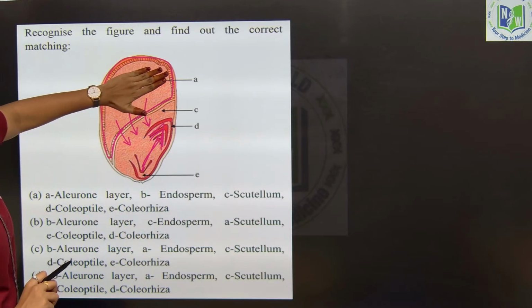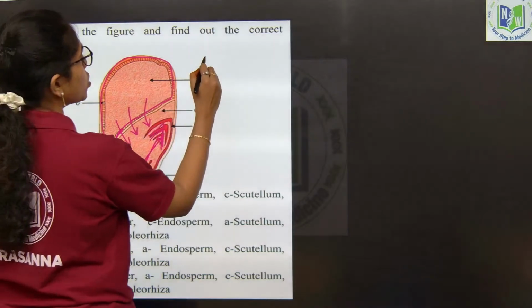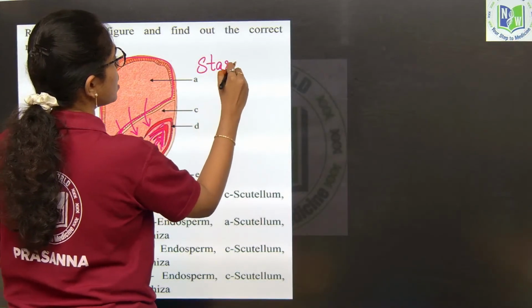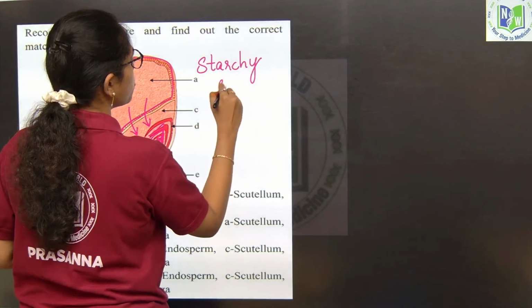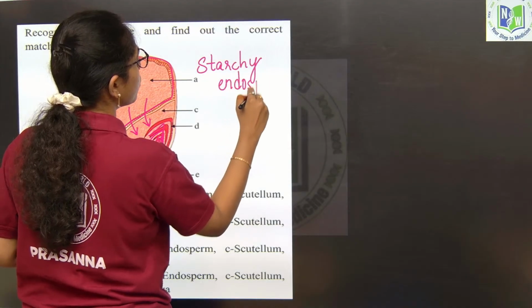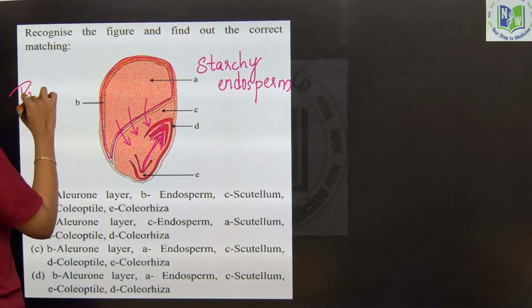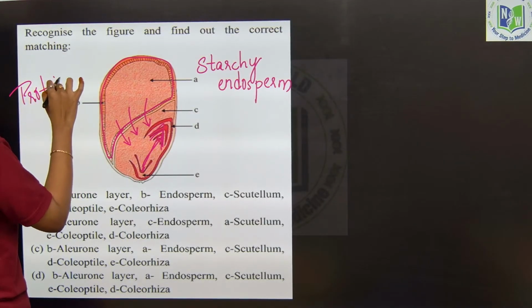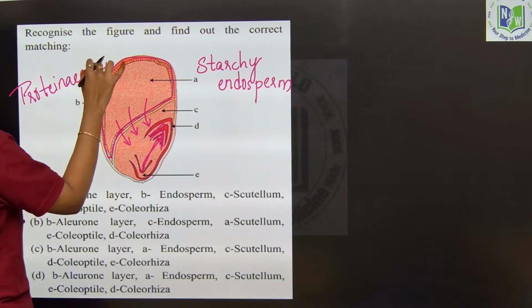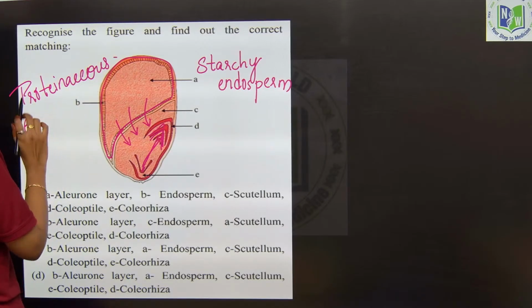So here you see, this is what? Starchy endosperm. Okay, this is starchy endosperm. And this layer is what? Proteinaceous endosperm, or you can also say aleurone layer.